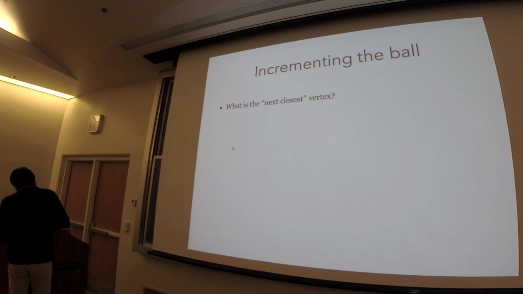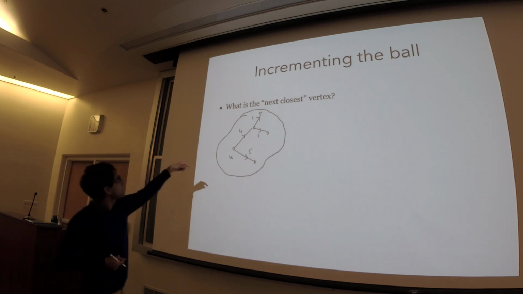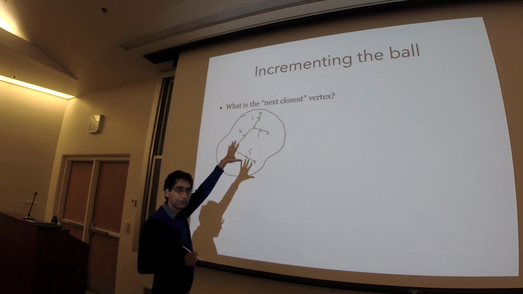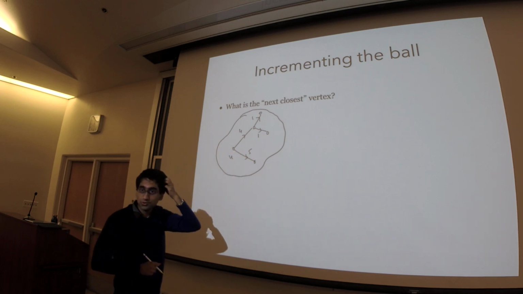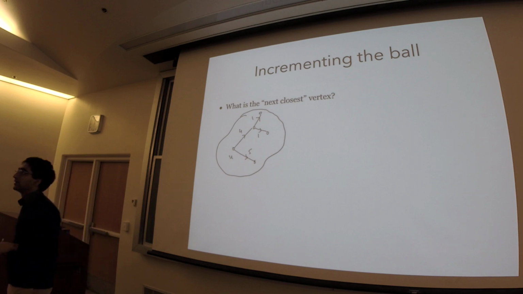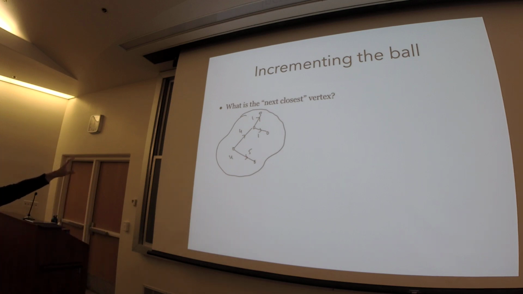So we have a vertex here, and you have a ball of radius. So these are all. So let's say this is 4. This is 5. So these are all vertices at a distance of 5 from u. Now, let's say there are no other vertices that way.